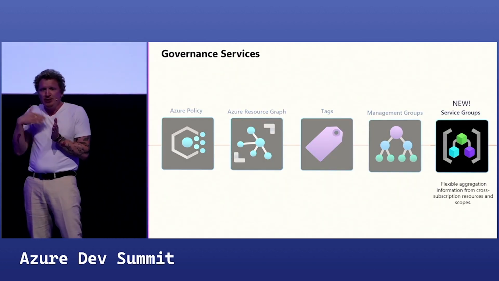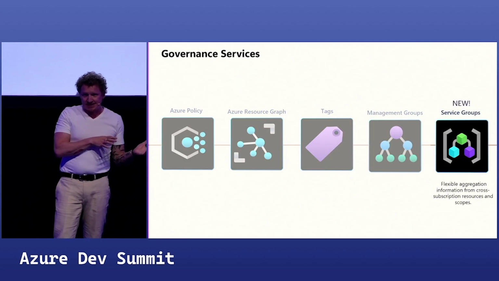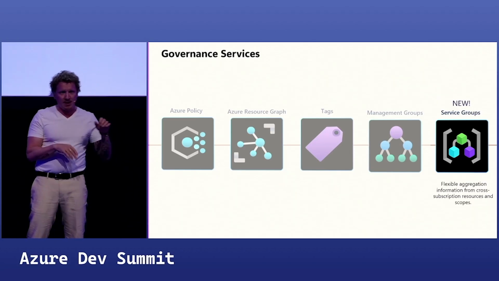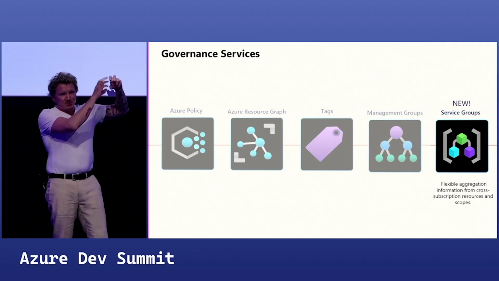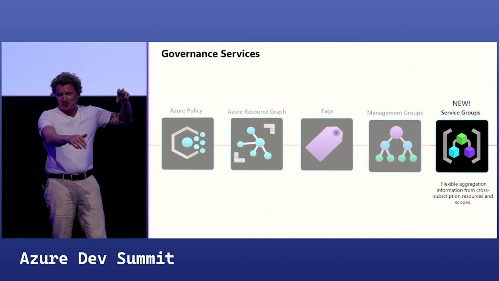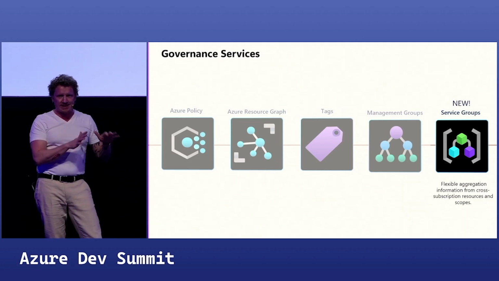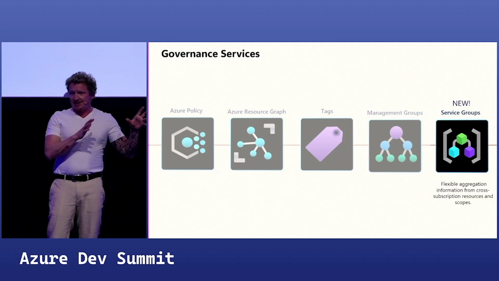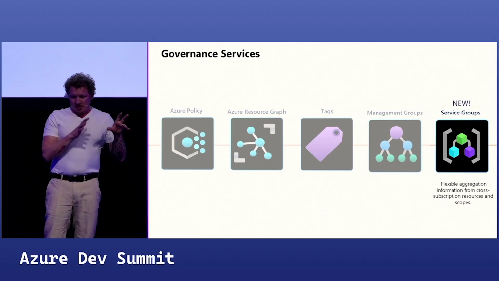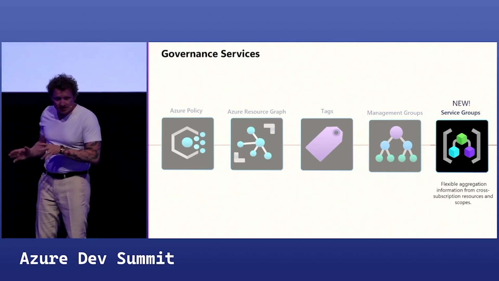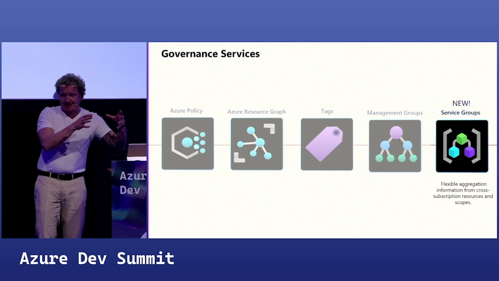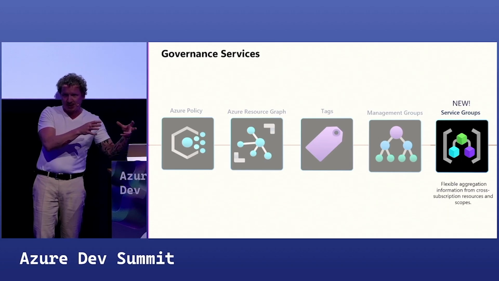You're getting a new tool. Everything that you knew is the same. All of that stuff with the subscription scope, resource group scope, resource, and the RBAC model, and the policies, is exactly the same. Service groups is a separate new thing that they're putting in there.